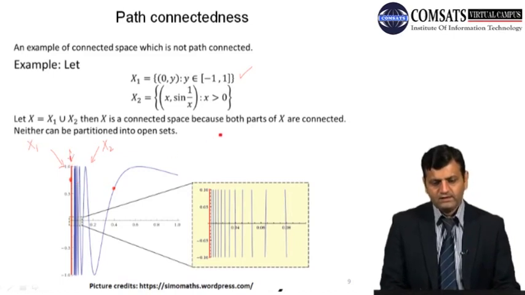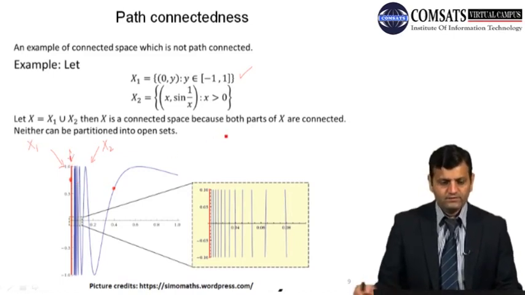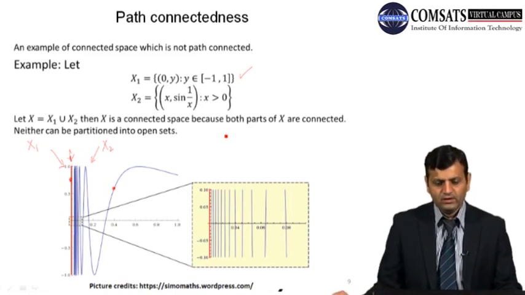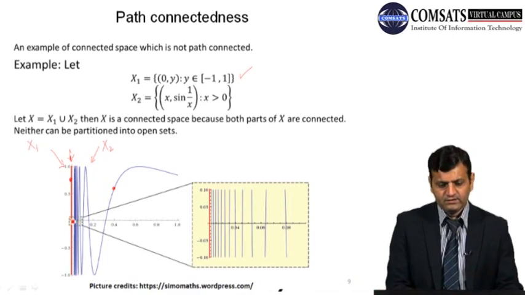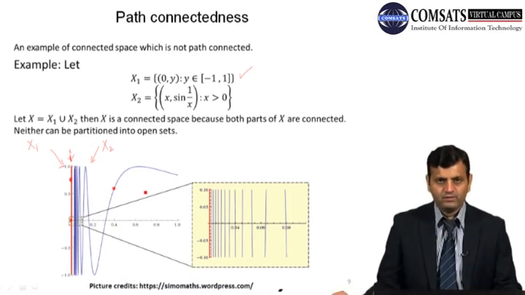There are proofs of this fact, but we are omitting the proof. Just see this intuitively: if I take the origin as a point, and some point on the graph of X2, then there is no path connecting them. So it is connected but not path connected.